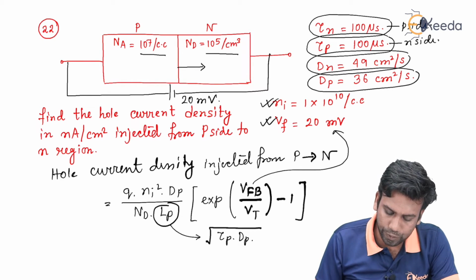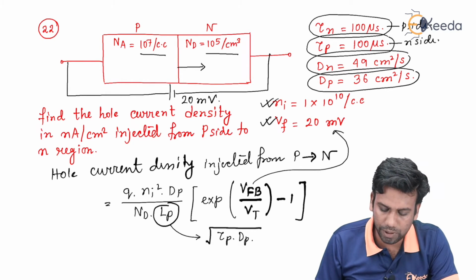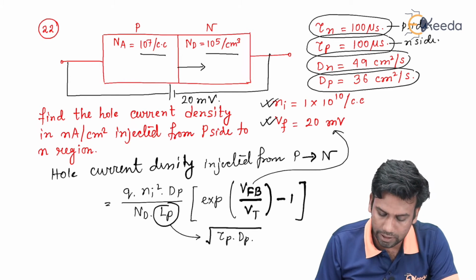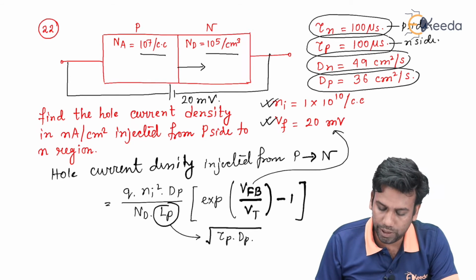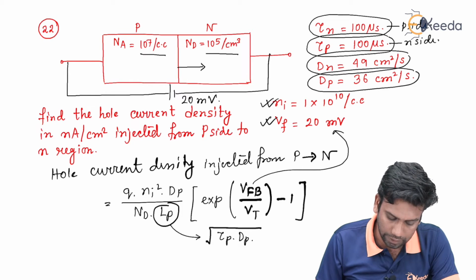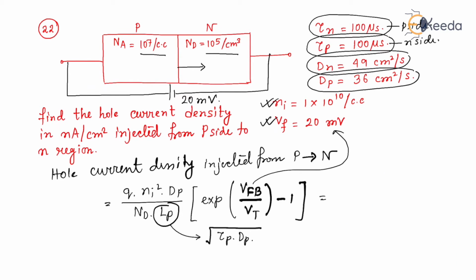So, if I put all the values in this equation, because all the values on the right hand side are given in the numerical, after putting all the values, we can get the hole current density injected from the p side to the n side is 286.17 nanoampere per centimeter square.